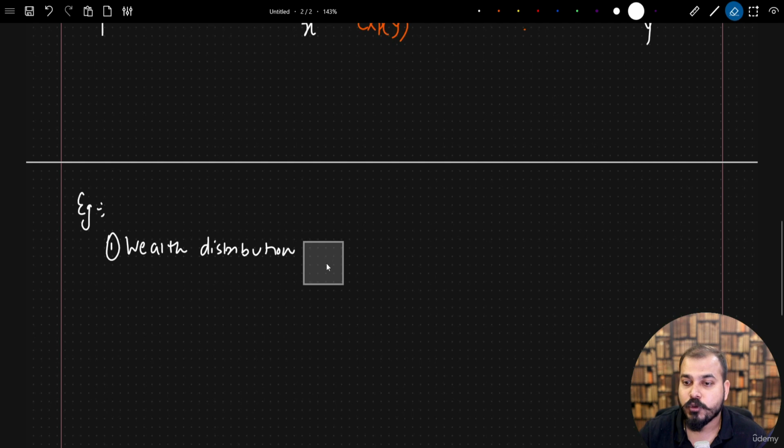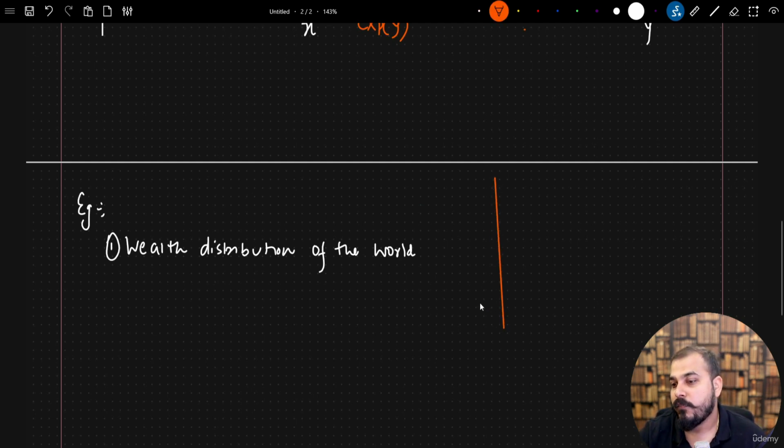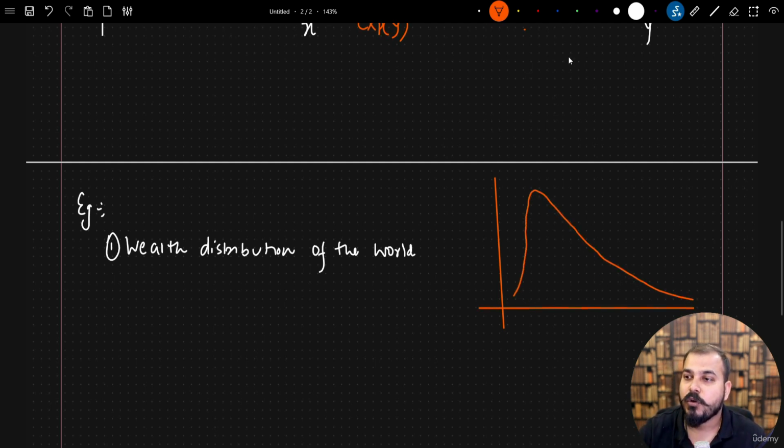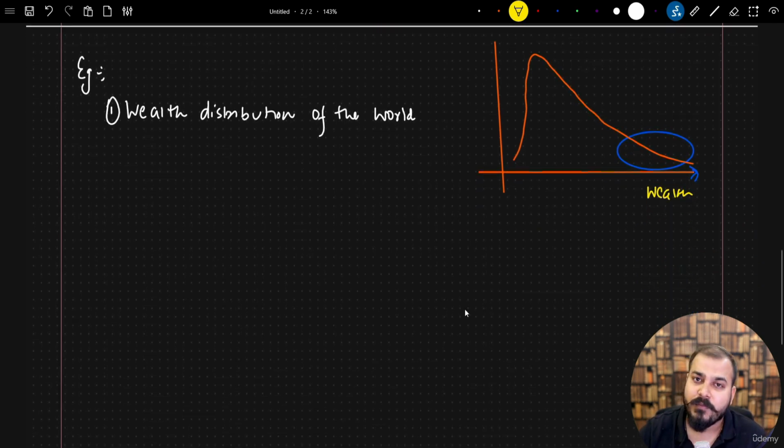If this is your distribution, where this is wealth, you will see that a very small number of people have more wealth.